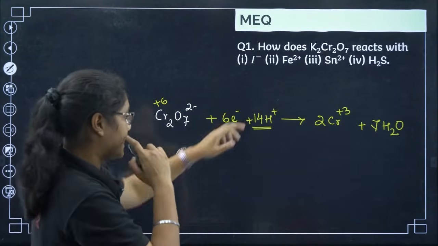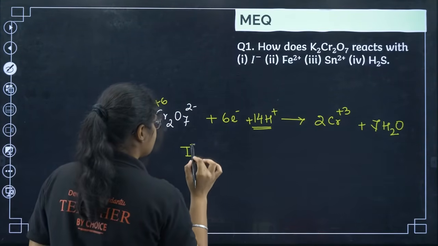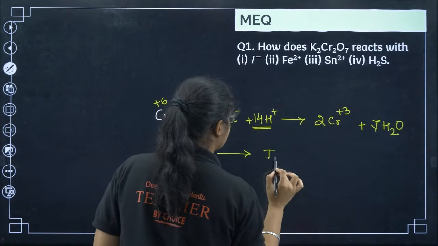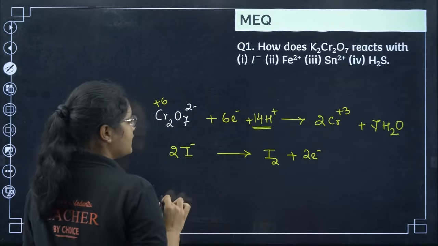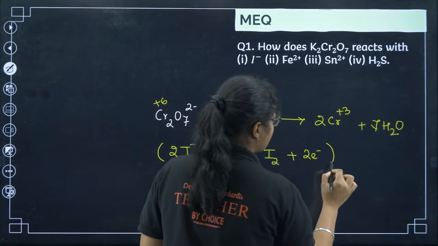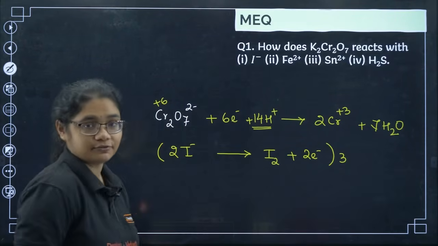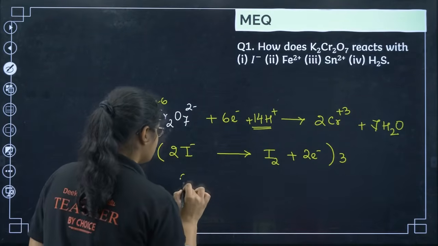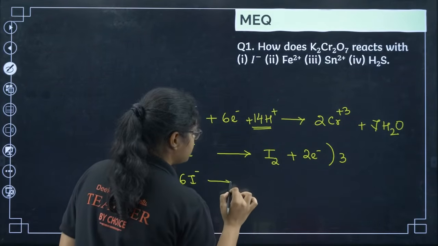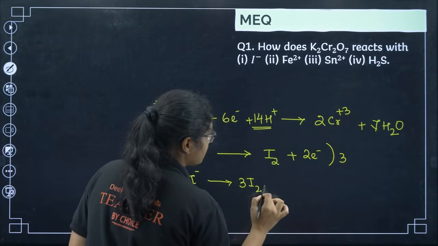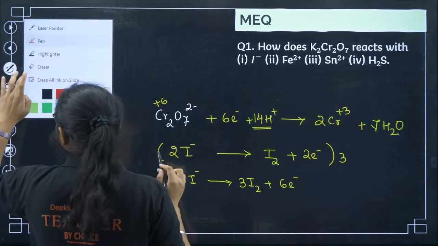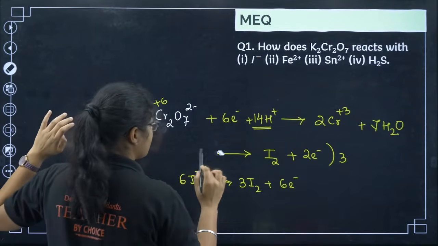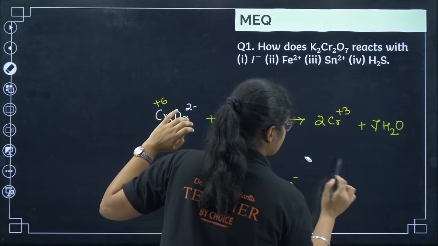Now let's talk about I-. How will I- react here? I- is oxidized to I2 by loss of 2 electrons. Now, to make the number of electrons the same, I have to multiply by 3. So that will give me 6I- gives 3I2 plus 6 electrons. I have to make the number of electrons the same, right? So that is why I multiplied by 3.